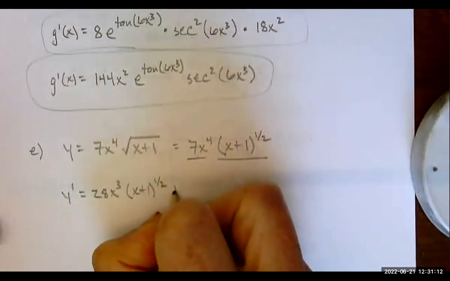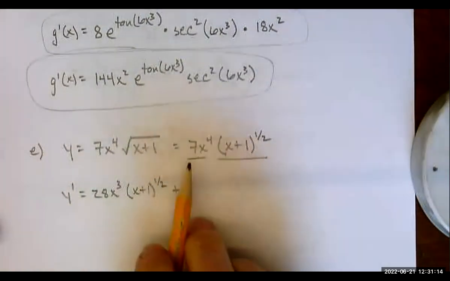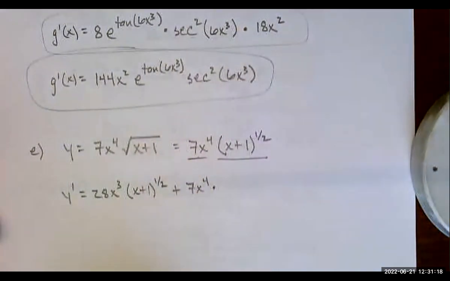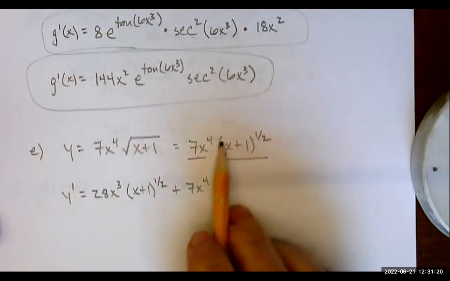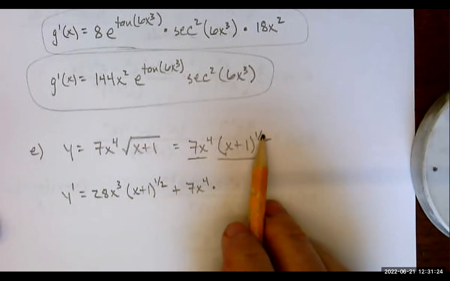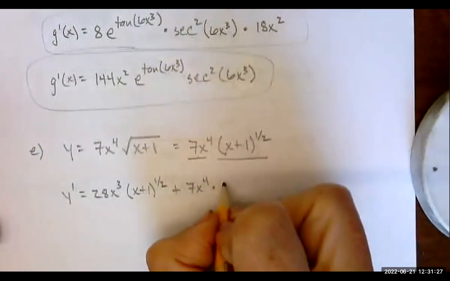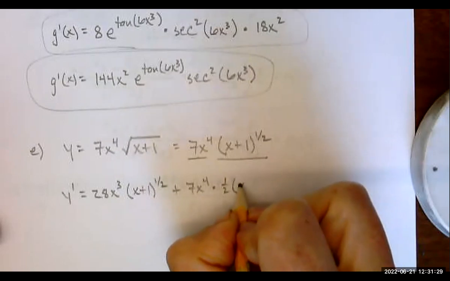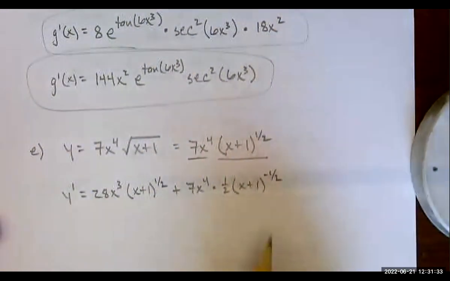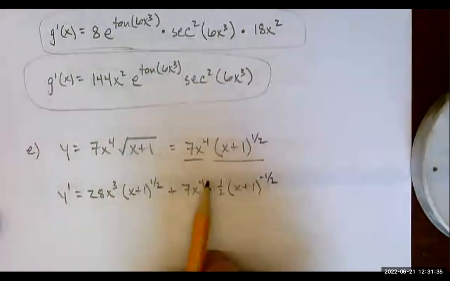Then I'm going to add, keep this part, and now multiply the derivative here, (x plus 1) to the 1/2. Okay, so outside first, I'll bring down the 1/2. I'll copy the x plus 1, and I'll drop that power by 1 to negative 1/2. There's my outside.